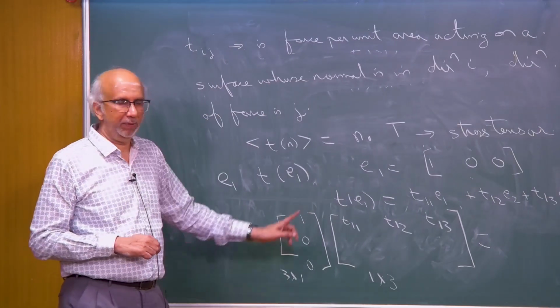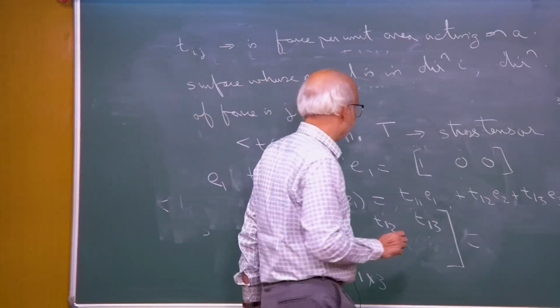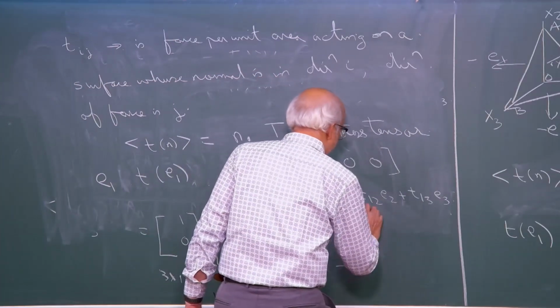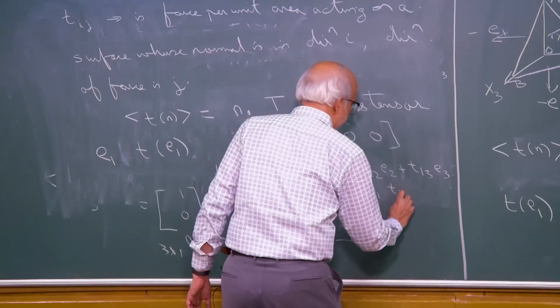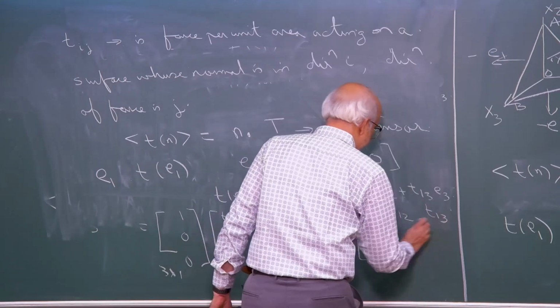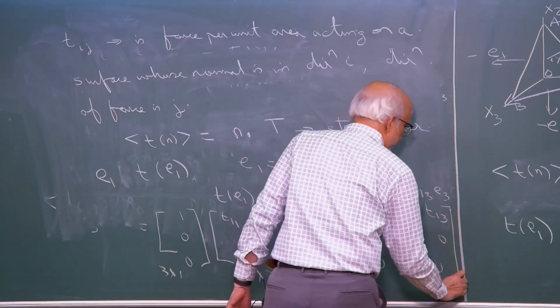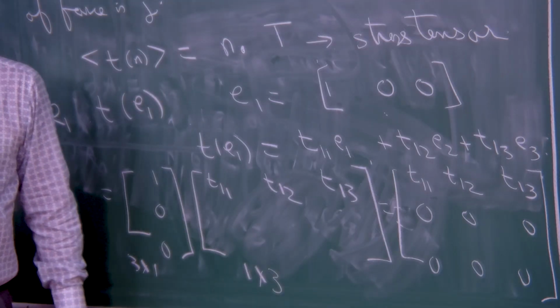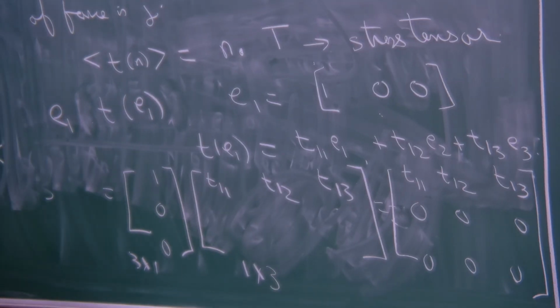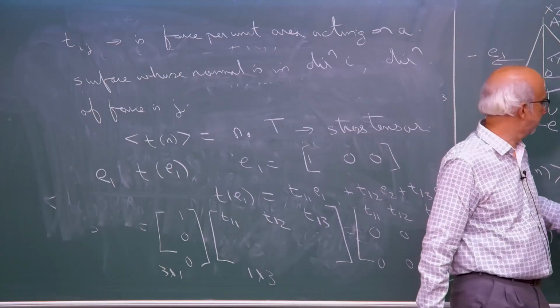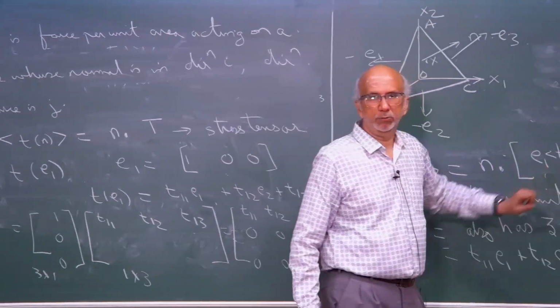And what will be this 3 by 3 matrix? It will have T11, T12, T13 and 0 everywhere else. All I have done is matrix multiplication. I am telling you how to evaluate this term here, E1 T of E1.